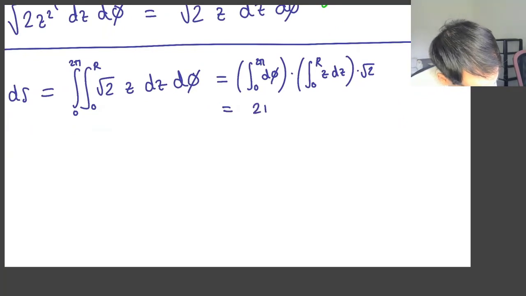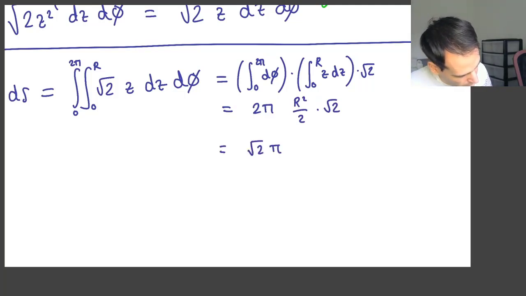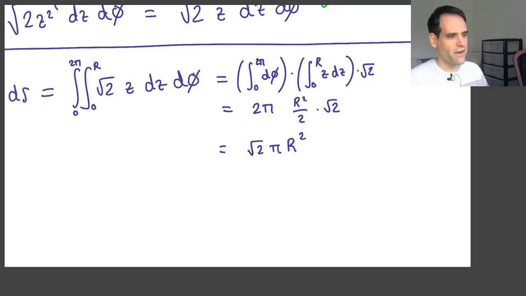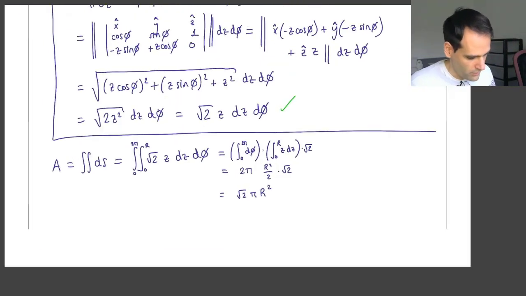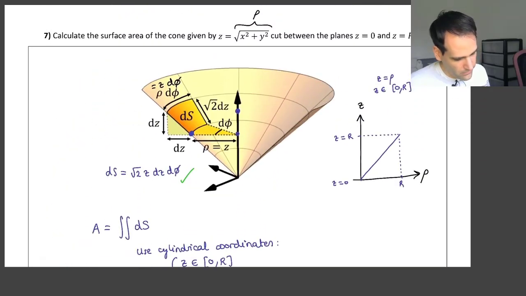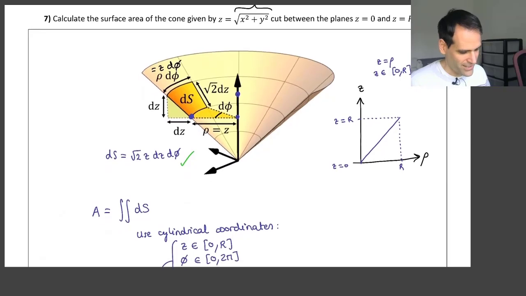So this is equal to 2 pi times r squared over 2 times the square root of 2. And this is simply equal to square root of 2 pi r squared, which is the area that we were looking for. Okay? So with that we complete the problem of calculating the surface of this cone. See you in the next video.